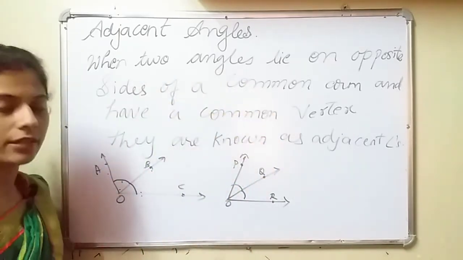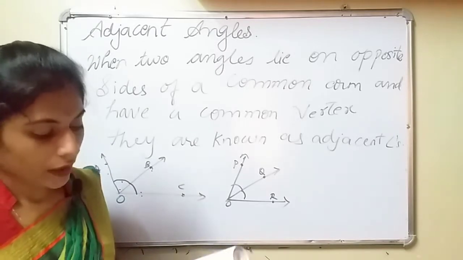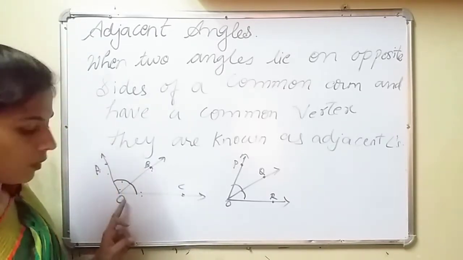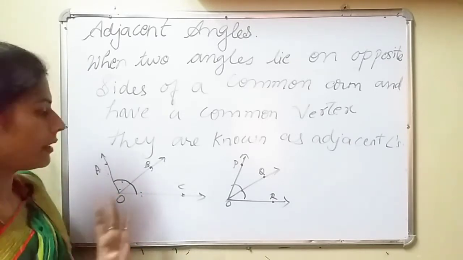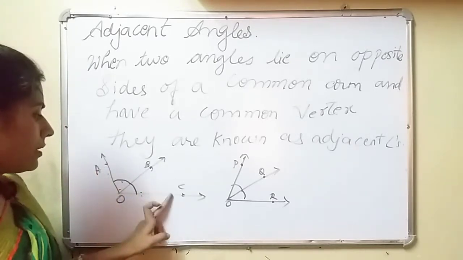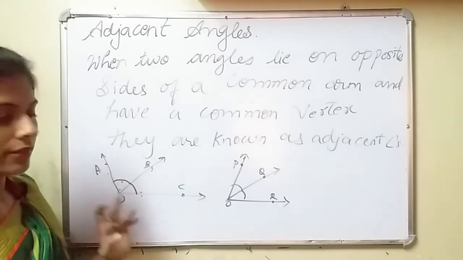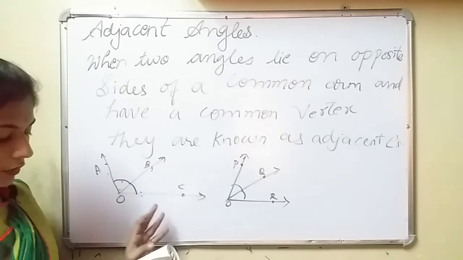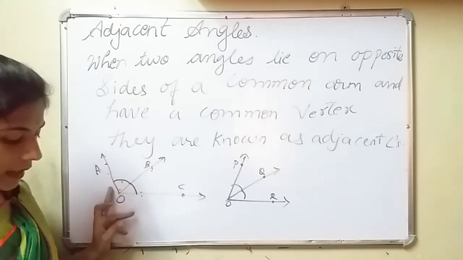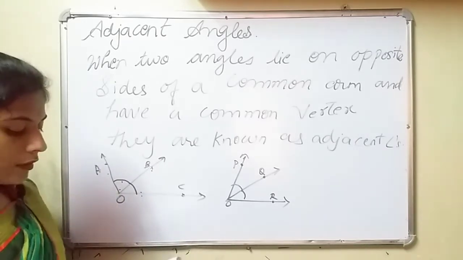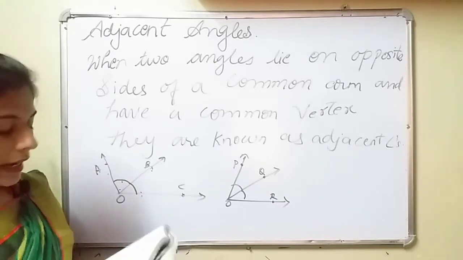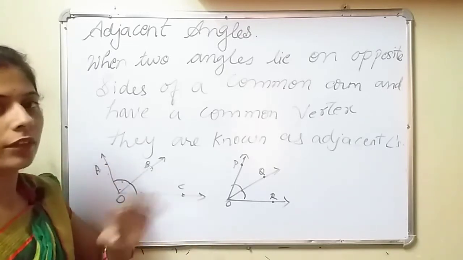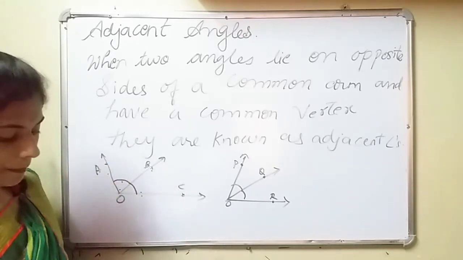They are known as adjacent angles. So angle AOC and angle AOB are however not adjacent. Although they share a common arm AO, the two angles do not lie on opposite sides of AO. Any two angles formed on the same side of AO will not be adjacent angles.